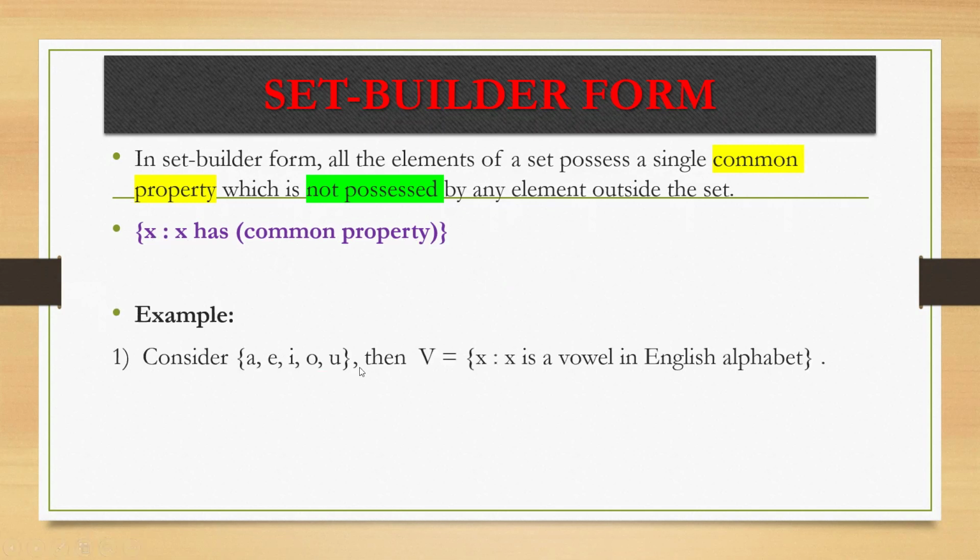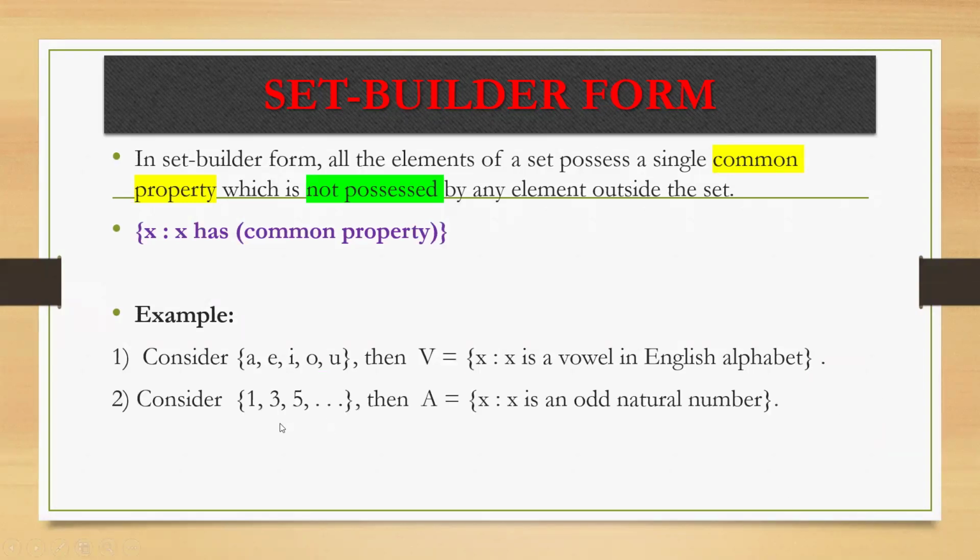The first one is the example which I illustrated now, the set of vowels: the set of all X such that X is a vowel in English alphabet. Clear? Let me take another example, which we introduced in the roster form, right? What was the common property possessed by all the elements of this set?